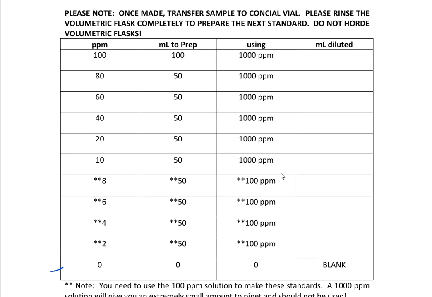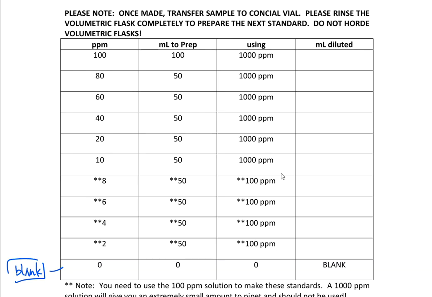So 0 just means blank, and the blank in this case is just our solvent, and that solvent is going to be water. And then we go 2, 4, 6, 8, 10, and then 20, 40, 60, 80, and 100. So we have a very wide range of emission here, and we're doing that on purpose, because you're going to see later in the procedure why we do what we do because of the standard preps that we've chosen.